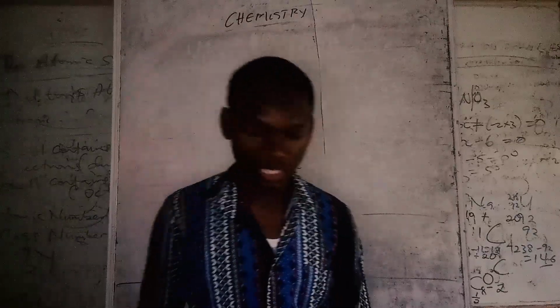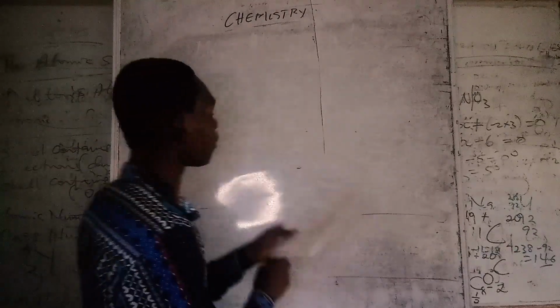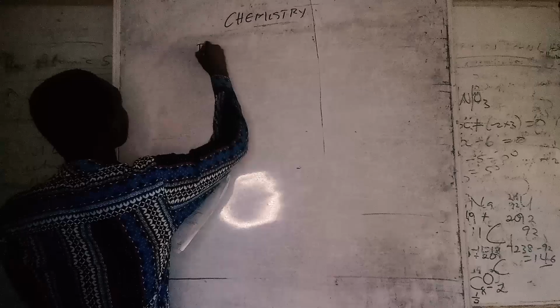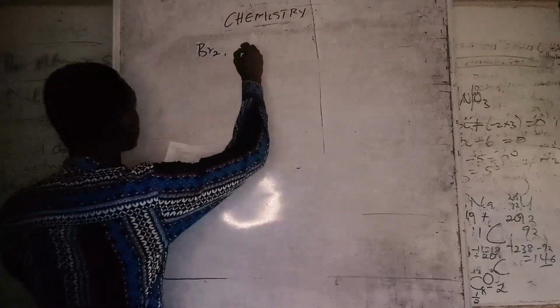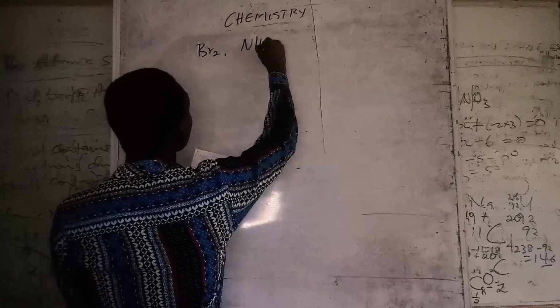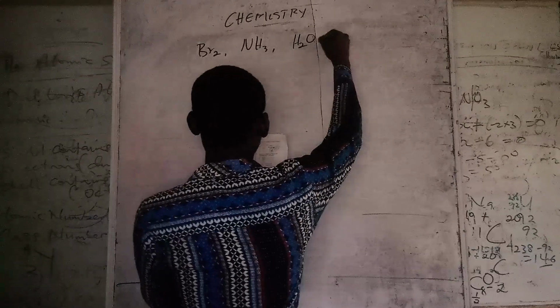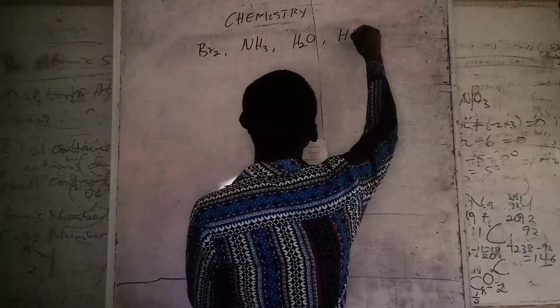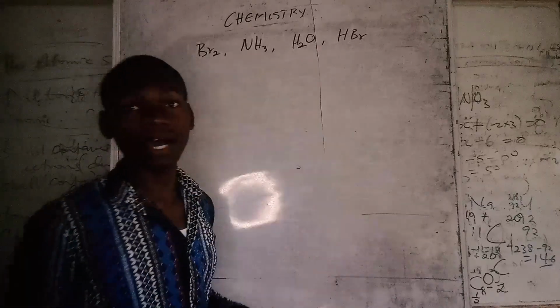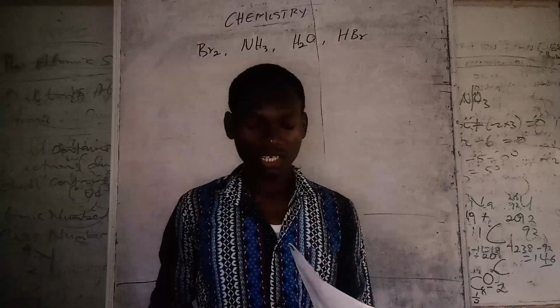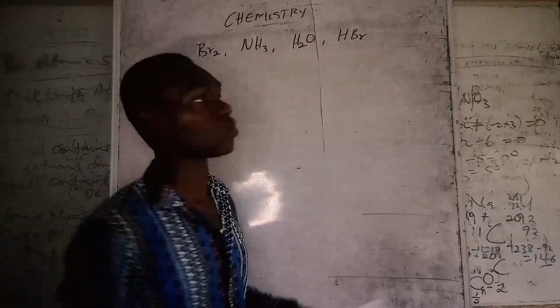So let's quickly write the various options down. Option A is Br2, option B is ammonia, option C is water, and option D is hydrogen bromide. We are asked to identify the non-polar substance here.